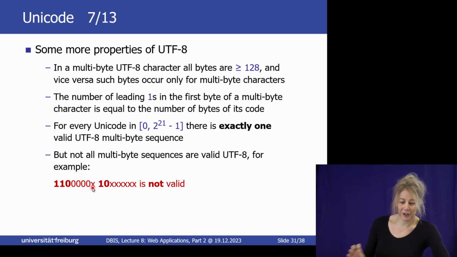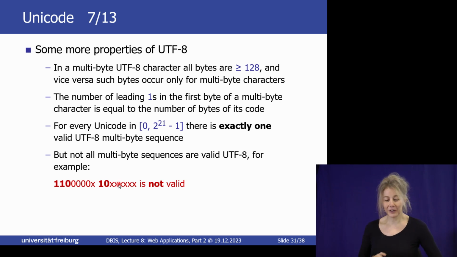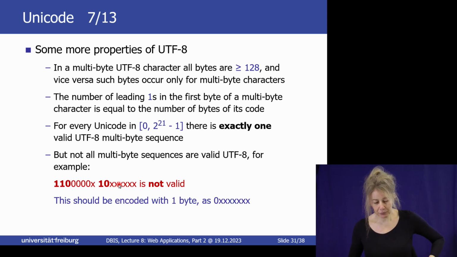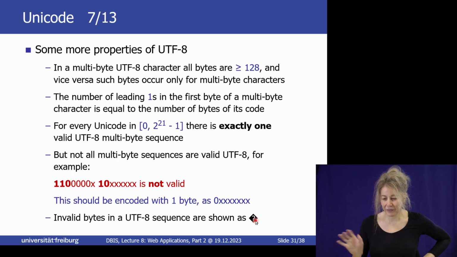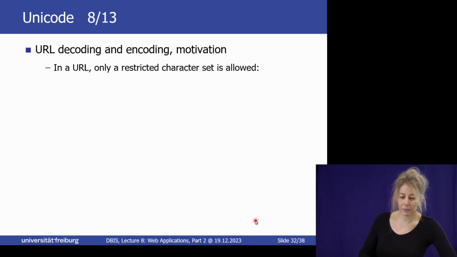If I have a short code point, I could in principle also encode it with 2 bytes, but that's just not correct. So if you had a sequence like this, any program processing it would say that's not valid. It will show this symbol, which you don't see so often anymore, but you used to, and it says invalid UTF-8 characters.